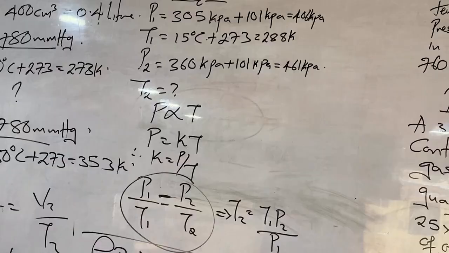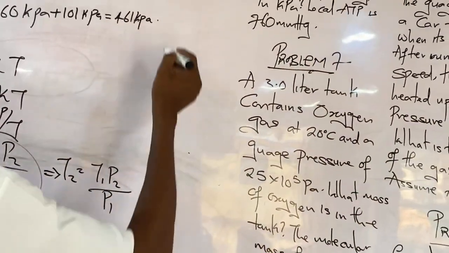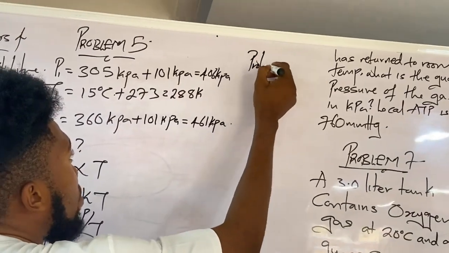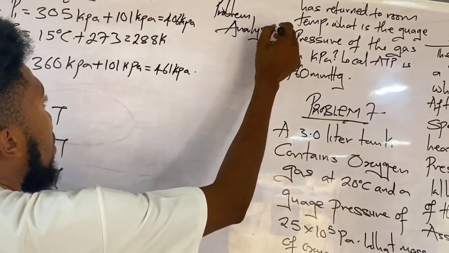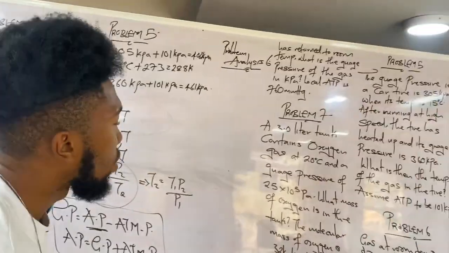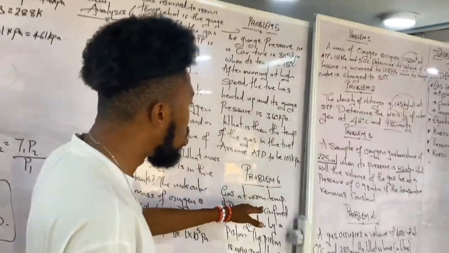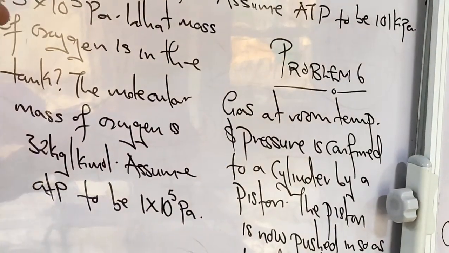It's a consistent answer. So let's go to problem analysis 6. When we look at number 6 here, they said a gas at room temperature and pressure is confined to a cylinder by a piston.